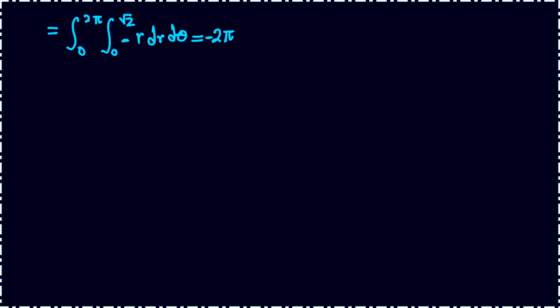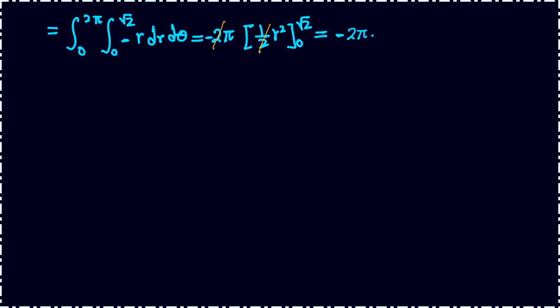The antiderivative of r is 1/2 r squared, going from 0 to root 2. Here we can cancel the 2 and a half and apply root 2. That's going to give us pi times 2. So 2 pi with a negative, negative 2 pi.